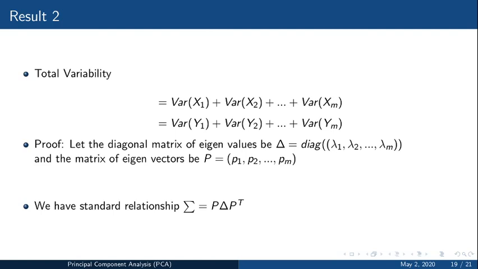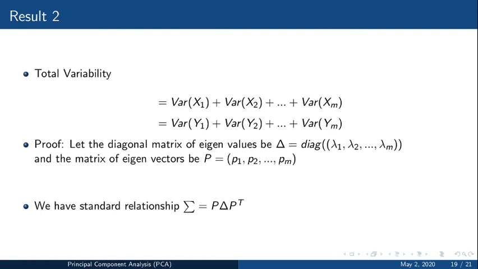The second result is that the total variability of x1 plus x2 plus etc., xm is equal to the variability of y1 plus y2 plus etc., ym. In order to prove this, we'll define the diagonal matrix of eigenvalues, delta, as the diagonal matrix lambda 1, lambda 2, etc., lambda m, and the matrix of eigenvectors P, with columns p1, p2, etc., pm.